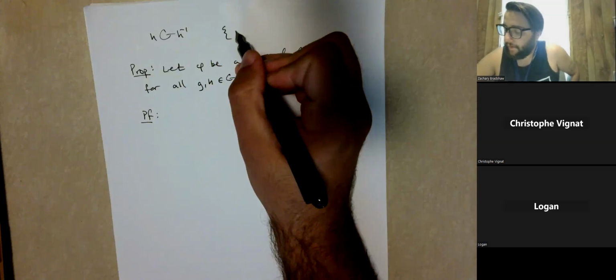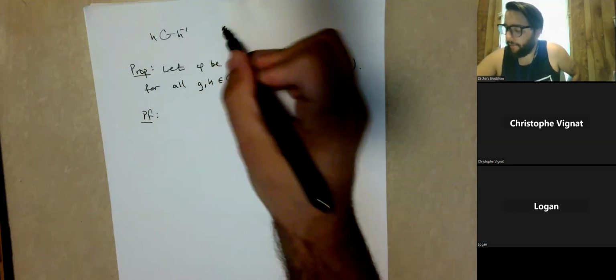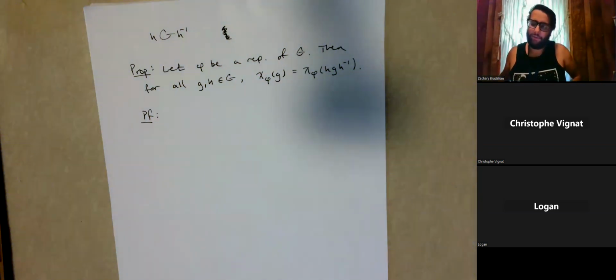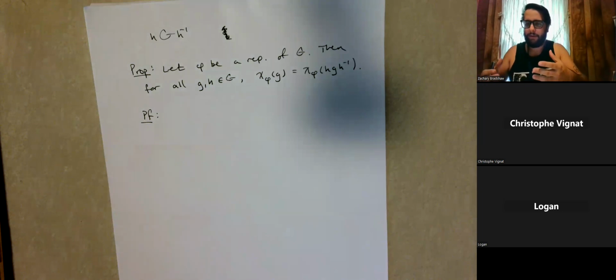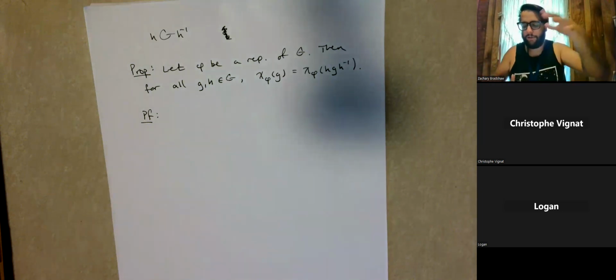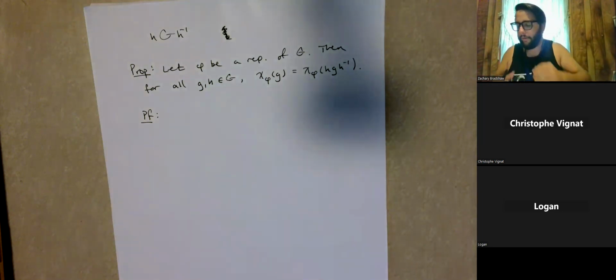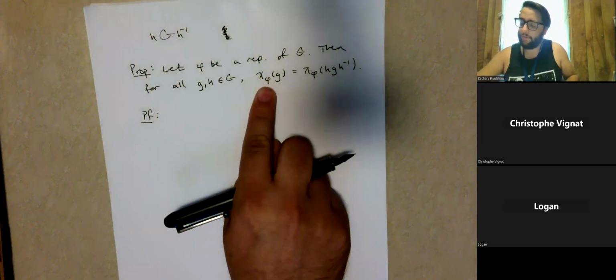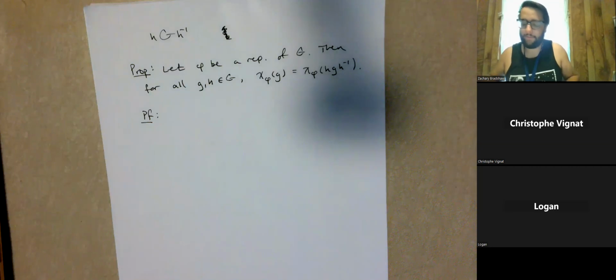The point is that conjugating will split the group into conjugacy classes, right? And these classes are disjoint from each other. And the character function is going to be constant on each of these conjugacy classes.